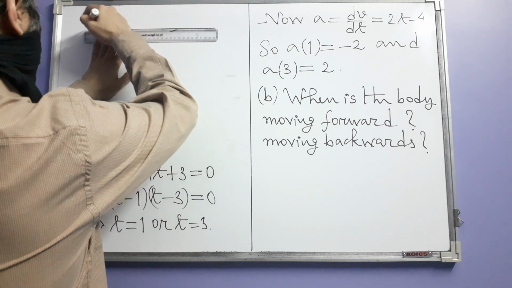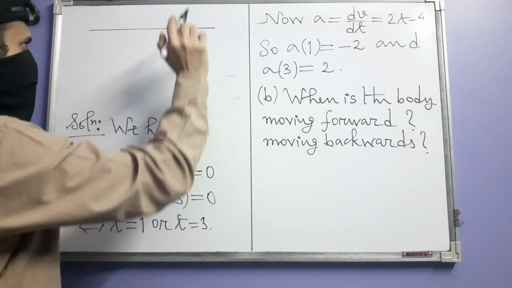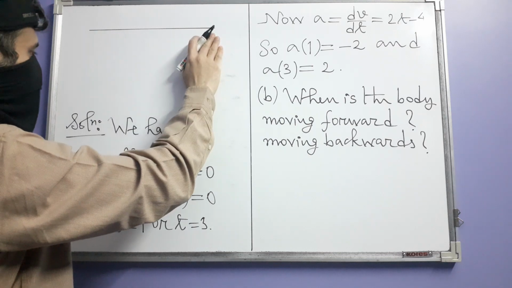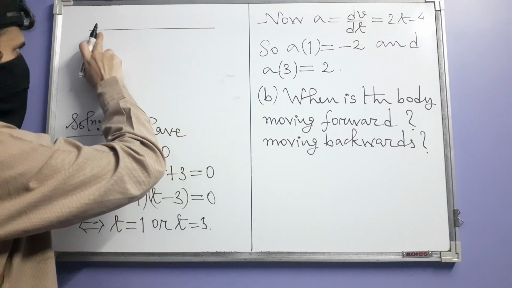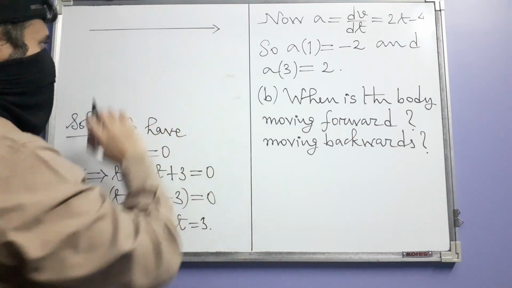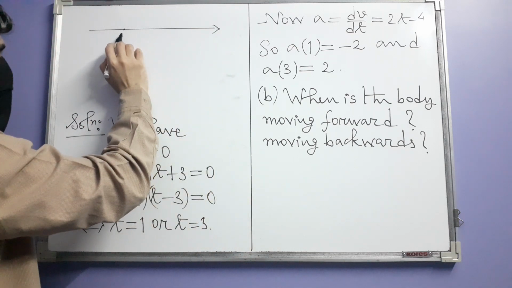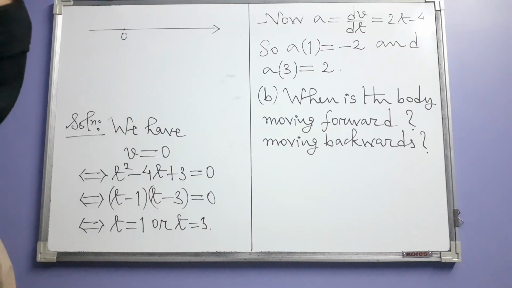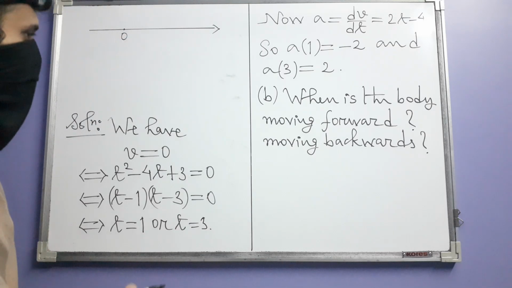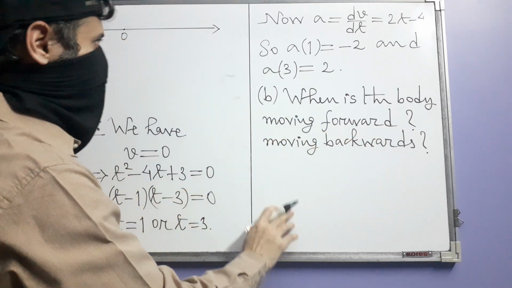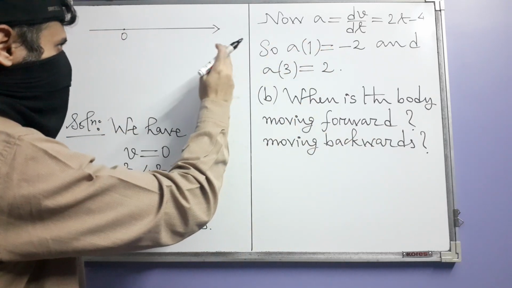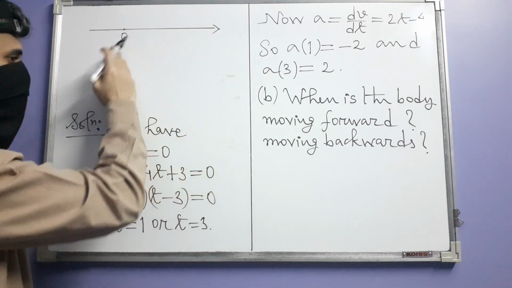So this is the S axis. In our usual convention, when we have the number line like this, the numbers increase to the right. So you have your origin here, say, from this point you are measuring position. Moving forward means going in that direction. Moving backwards means going in this direction.